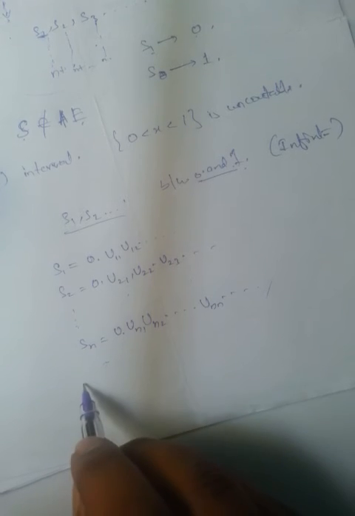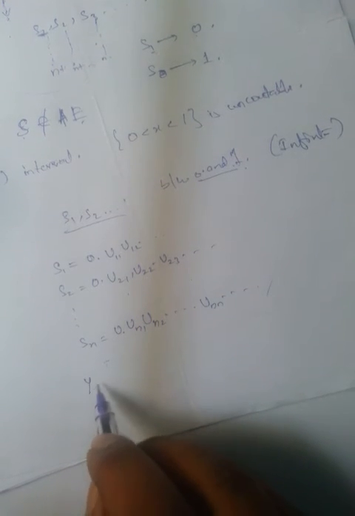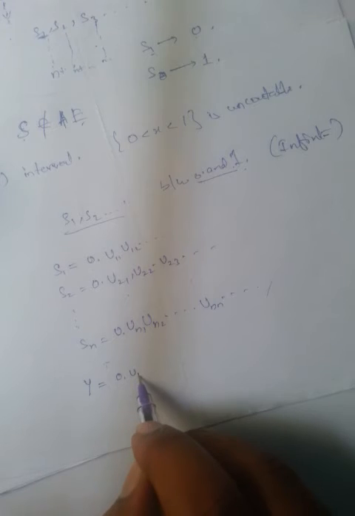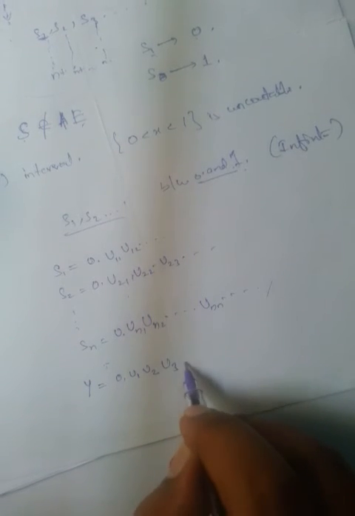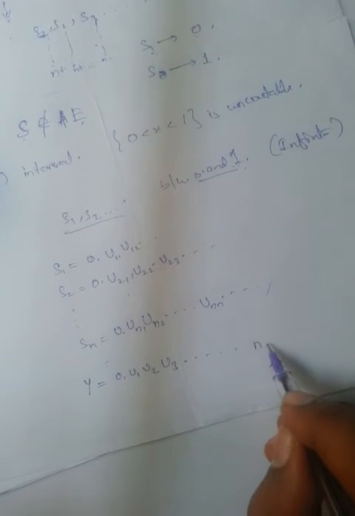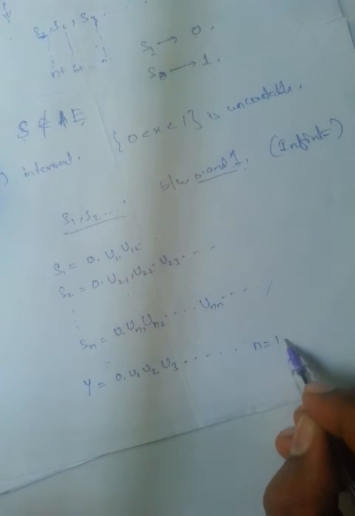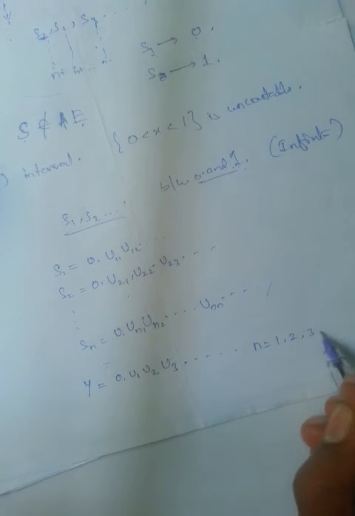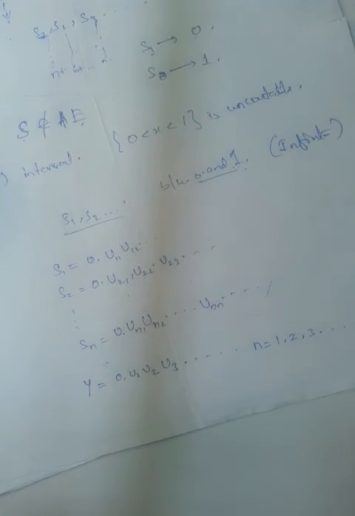For example, if I have a number, not a set, a number that is equal to 0.u1 u2 u3 and so on, where n goes 1, 2, 3, and so on, going from 1 to n.